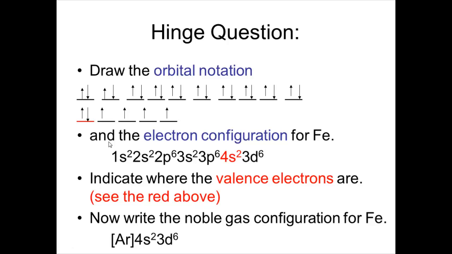If you compare that orbital notation to the electron configuration, the letters and numbers should match up. The electron configuration for iron is 1s2, 2s2, 2p6, 3s2, 3p6, 4s2, 3d6. Check now to make sure yours is the same on your paper as mine on the screen.